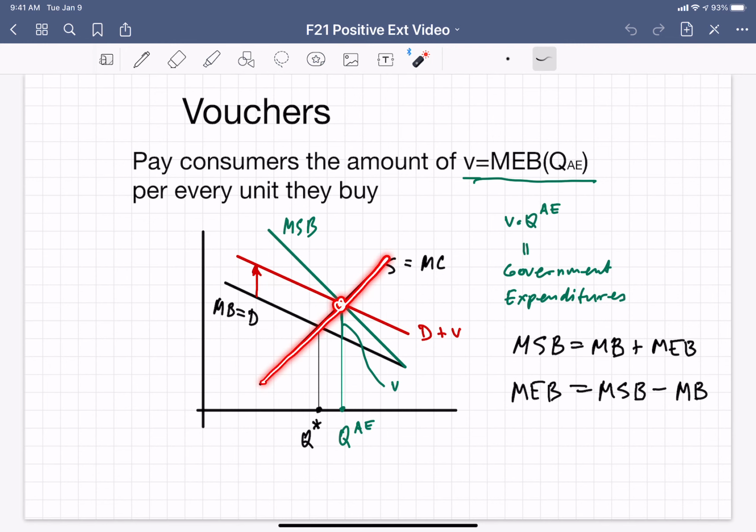When looking for the point of allocative efficiency, you need to look at the point where MSB meets MC, or the supply curve. And by encouraging demand like that, we find ourselves at the point of allocative efficiency, and so deadweight loss is eliminated, efficiency is restored, and we can stop and enjoy our life.